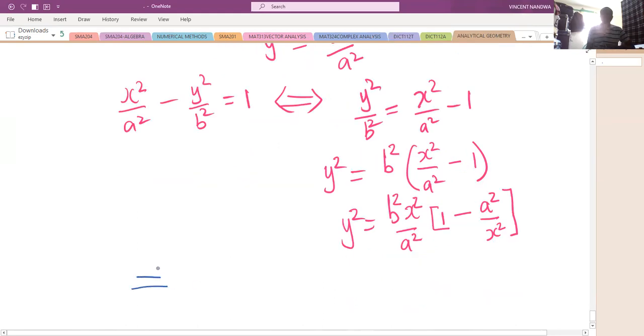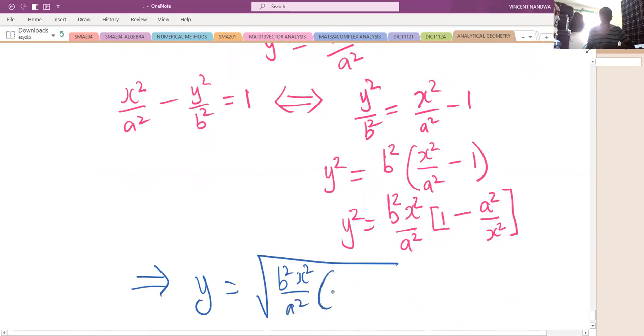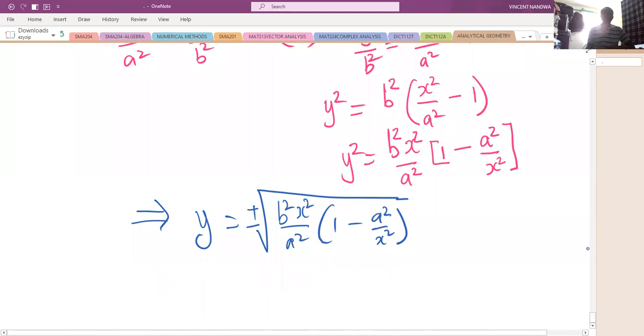So this means that y alone will be the square root of b squared x squared over a squared into 1 minus a squared over x squared. Remember, square root has plus or minus signs. And so this would be the same as y equals plus or minus b x over a square root of 1 minus a squared over x squared.